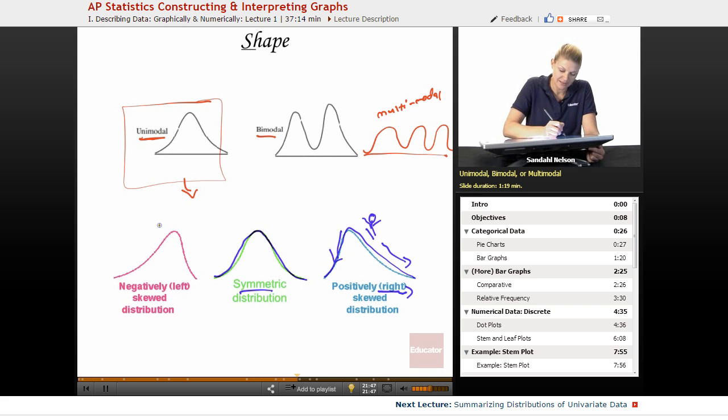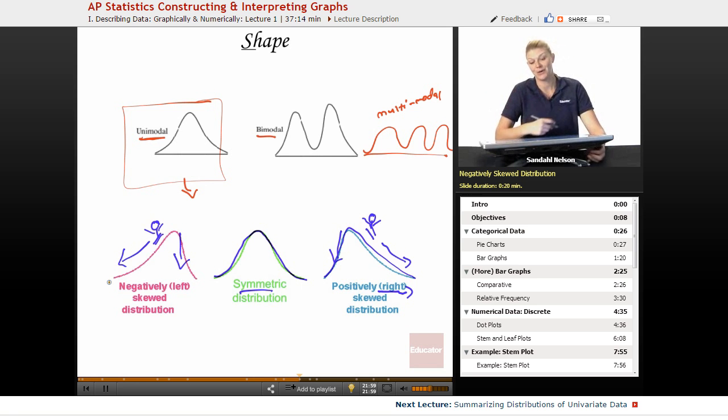If, on the other hand, I'd want to ski down this way, then I would say it's skewed to the left, right? So you don't want to jump off the cliff, so figure out the way you want to ski, and that's the way it's skewed. So here, when you'd ski either way equally well, that's symmetric.